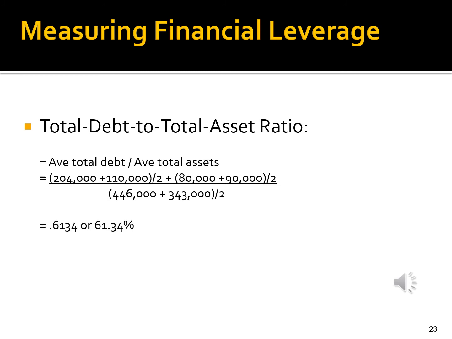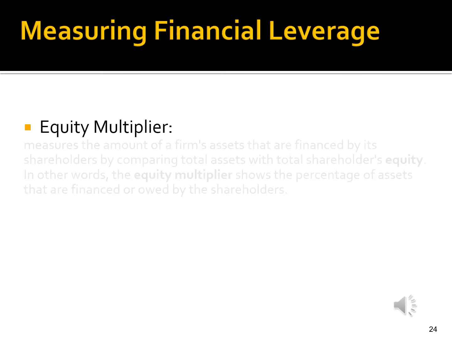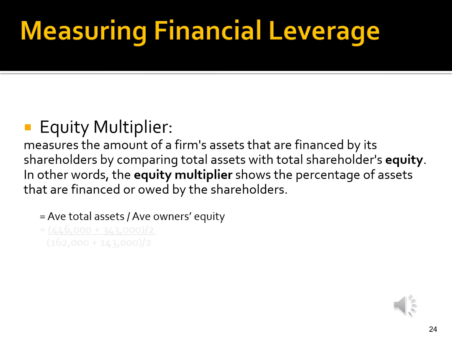So the first ratio to measure the leverage of a business is the total debt to total asset ratio. How to calculate it? Average total debt divided by average total asset. The second one is the equity multiplier.